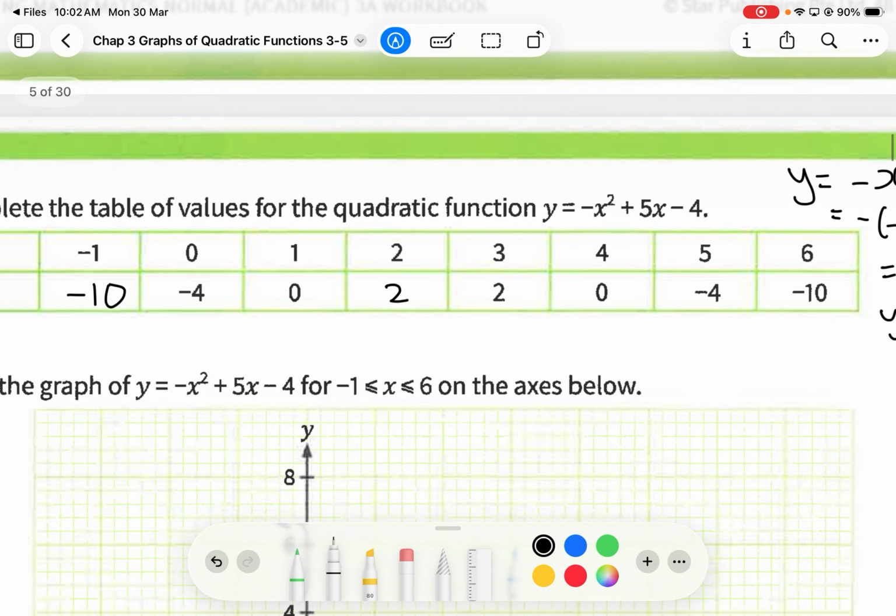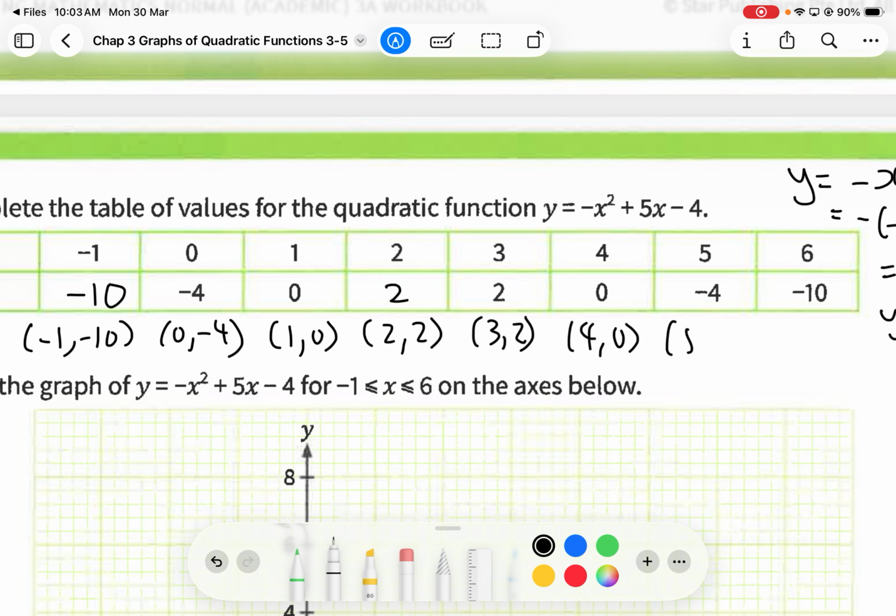Then from the table, you will have -1, -10. 0, -4. 1, 0. 2, 2. 3, 2. 4, 0. 5, -4. 6, -10. Then from there, we can plot.